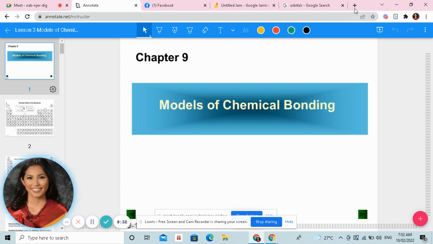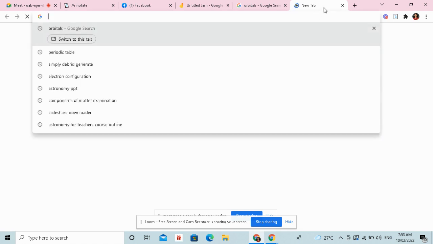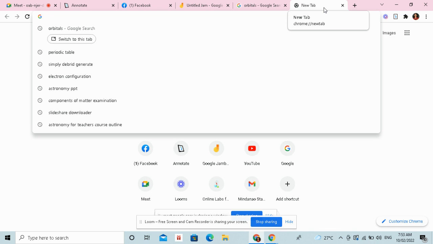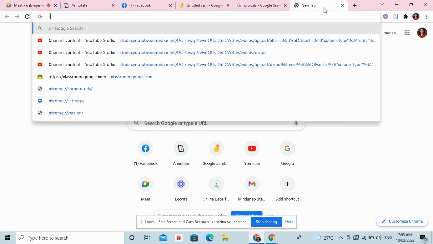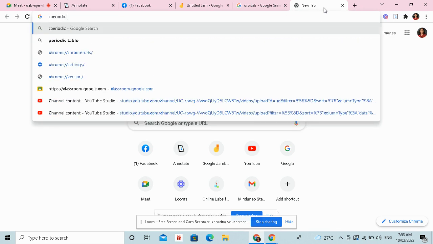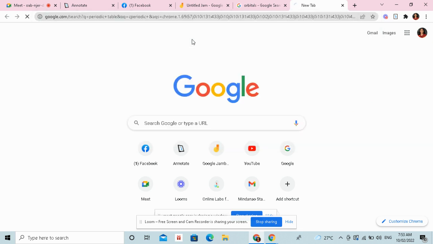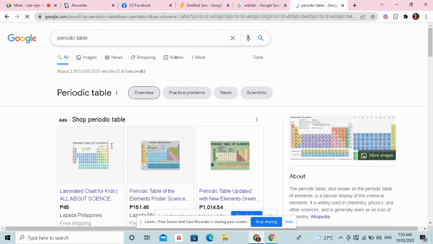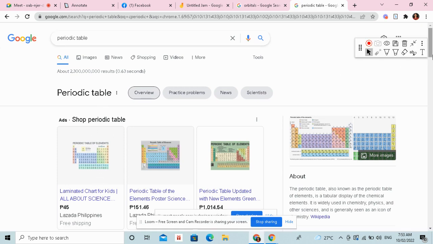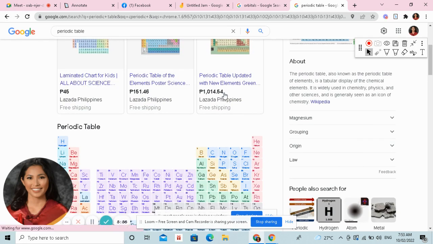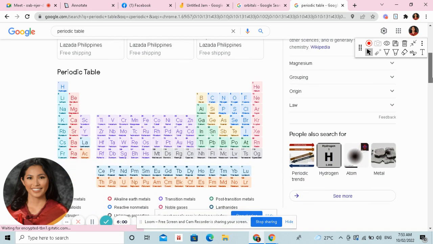What is the configuration of manganese? We have this periodic table. Write the configuration of manganese.